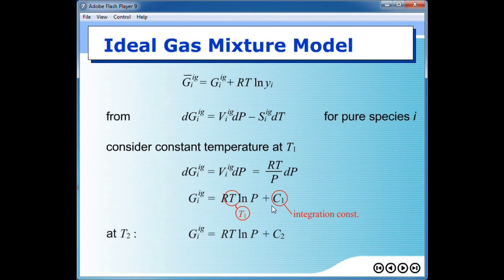I write the same equation for another temperature T2. I get the same form of equation, but T here becomes T2, and the constant here would be another constant which is not the same as C1. Even though it is constant, it still depends on temperature, so these two are not the same.